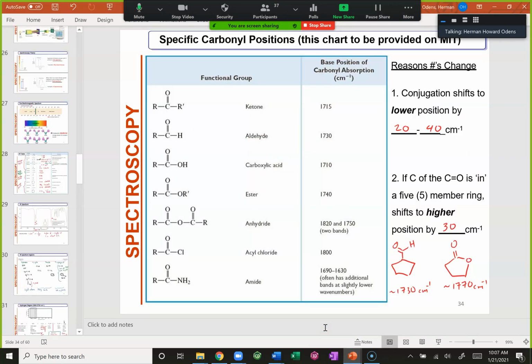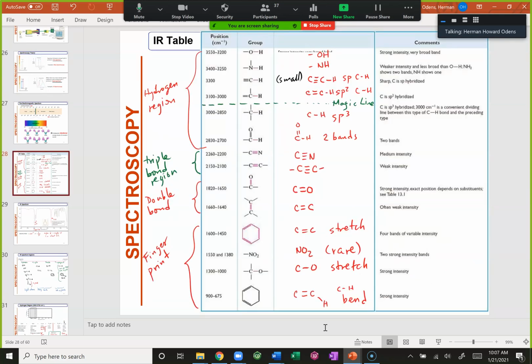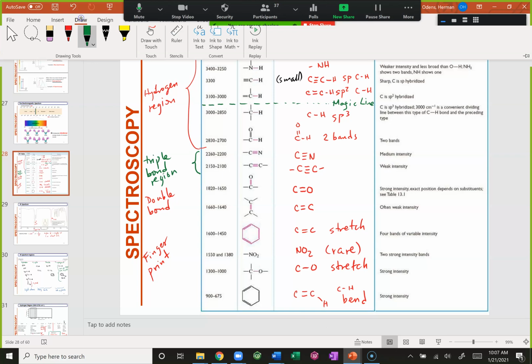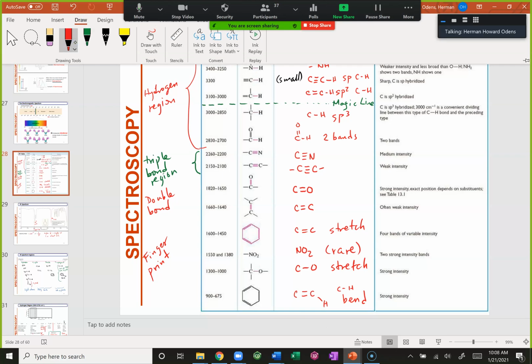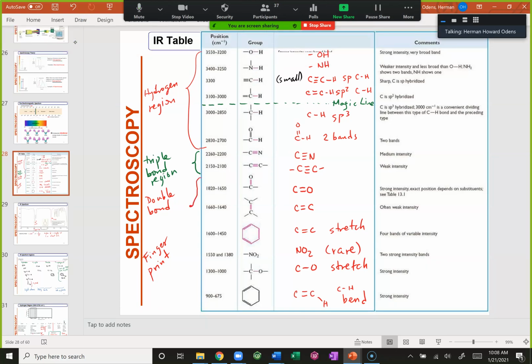Let's clarify that. I think just to make sure, this is the way I learn it. But I think I'm gonna fix this. I'm gonna put, just to confirm it with our current book, I think we're going to say that this is the double bond region, and here is the fingerprint region. So for the fingerprint region, all we care about will be the CO stretch, which is this one.